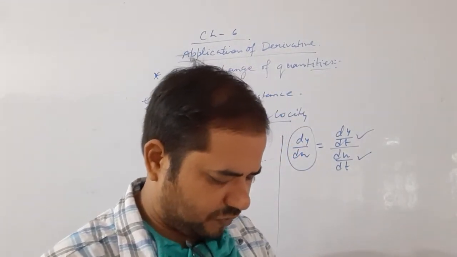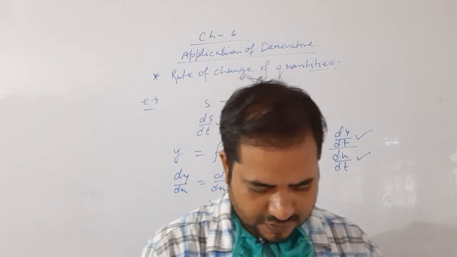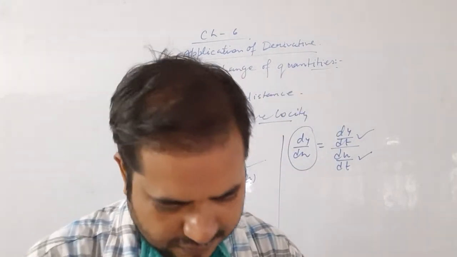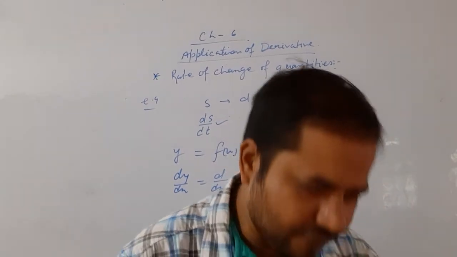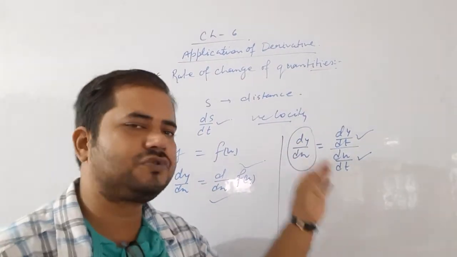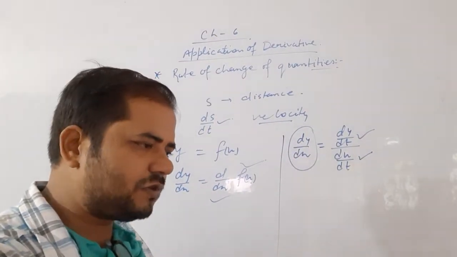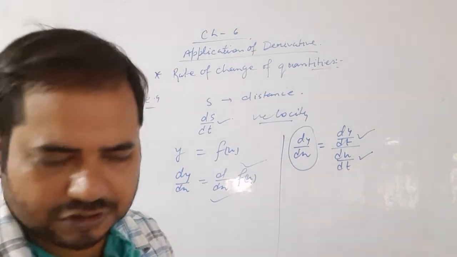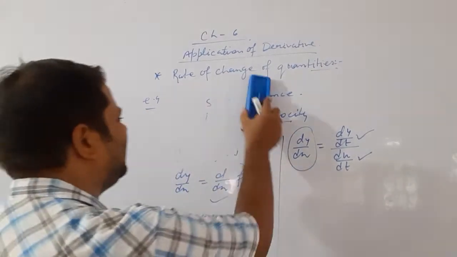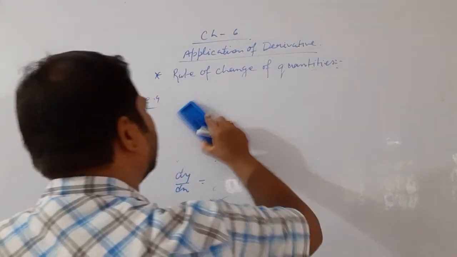So first of all, we write, if we drop a stone in a lake, then waves form in a circle. So that's why area of circle is nothing but pi r square.